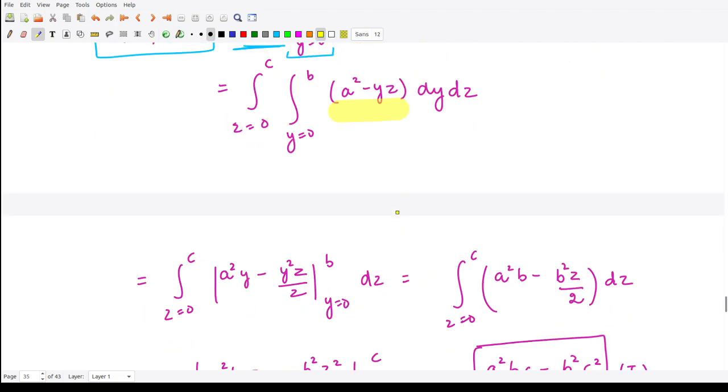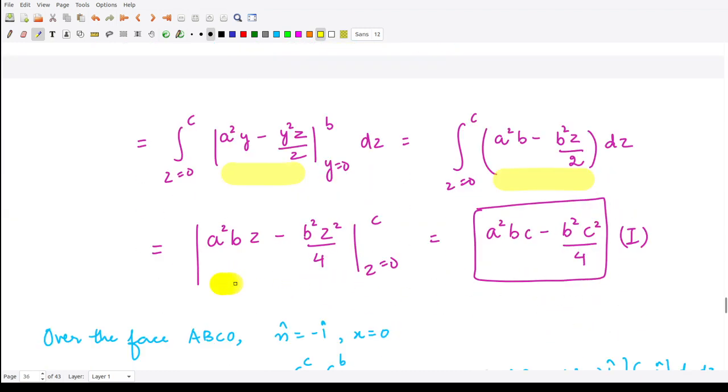So its integration with respect to y is this. You substitute the limits for y from 0 to b, and then you perform the integration with respect to z. So it would be this quantity, and you substitute the limits for z varying from 0 to c. So this is your final result when you have calculated this surface integral over the first face.